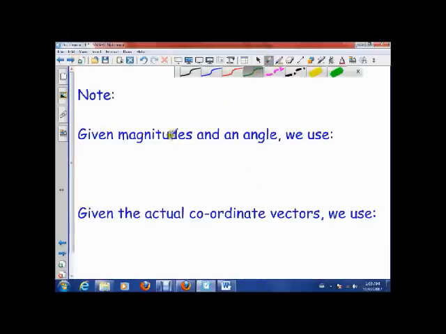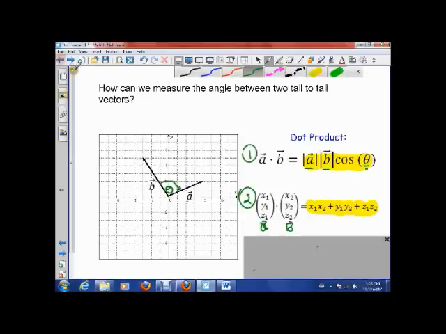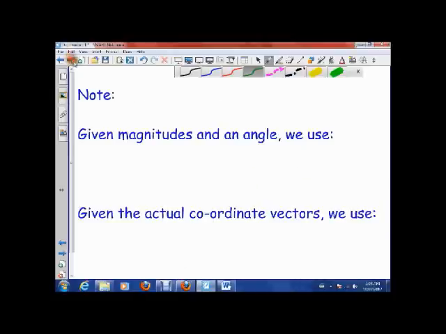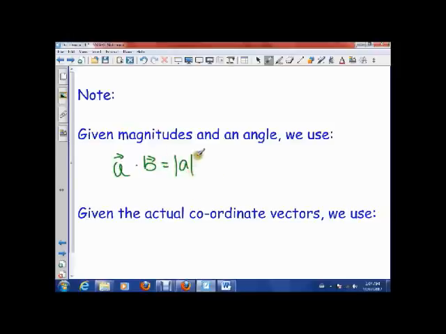Given magnitudes and an angle, so if we know the magnitudes and the angle between them, of course, we're going to use the fact that A dot B is equal to magnitude A, magnitude B, times the cosine of the angle between them.